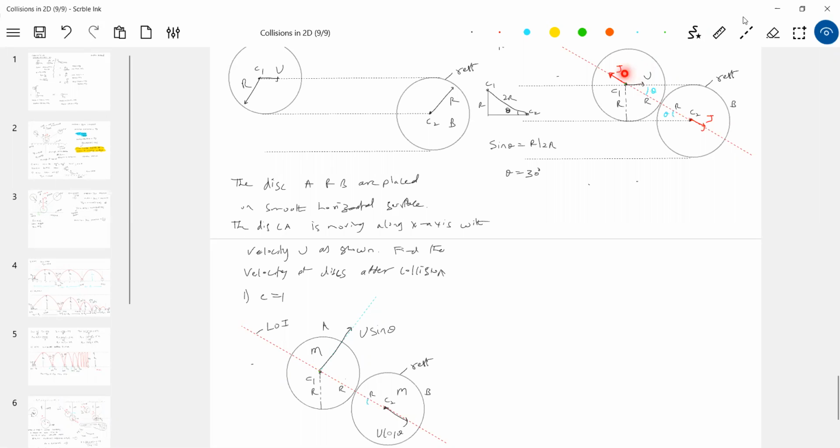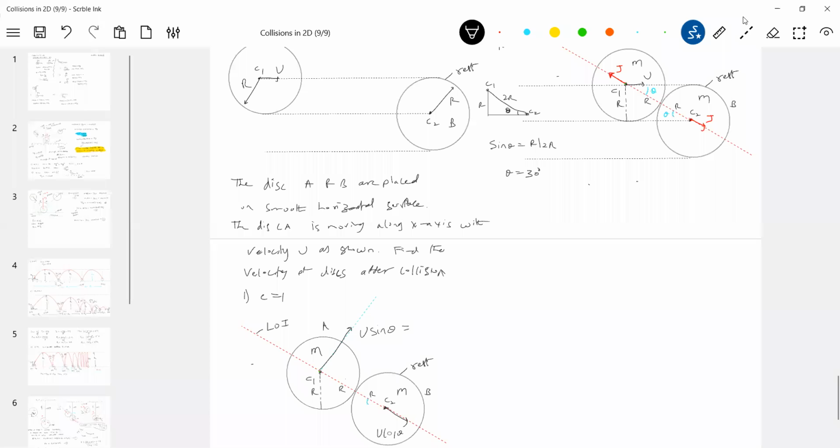Since it is an elastic collision, there will be exchange of velocities along line of impact because e equal to 1, and another condition given is that masses are same. So exchange of velocity occurs along line of impact. U cos theta was the velocity of the first sphere along line of impact. U sin theta, perpendicular to line of impact, will not change.